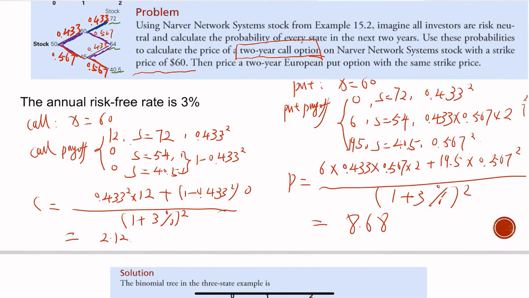So you can see that if you compare the risk neutral probability approach with the binomial approach, at least in my opinion, the risk neutral approach is actually simpler, right? And you can also see that the Black-Scholes model is a very important model because it gives you this very nice formula which directly tells you the option value.